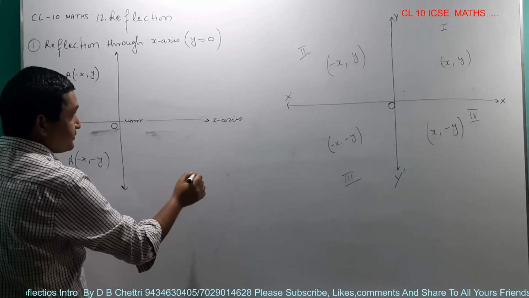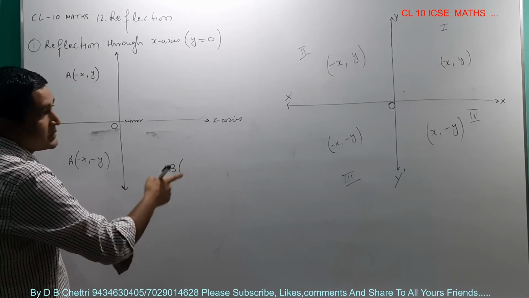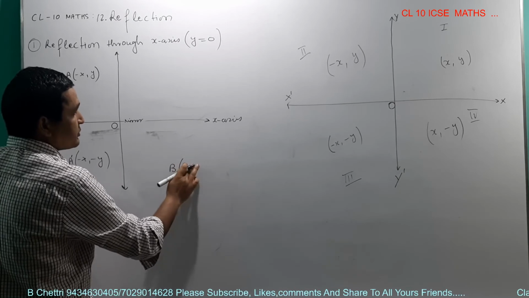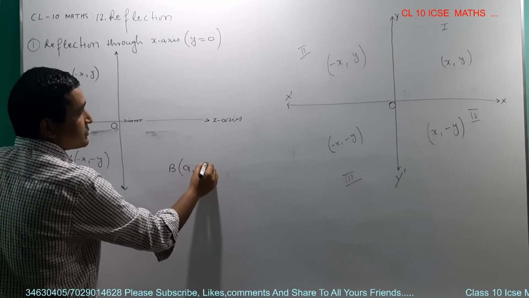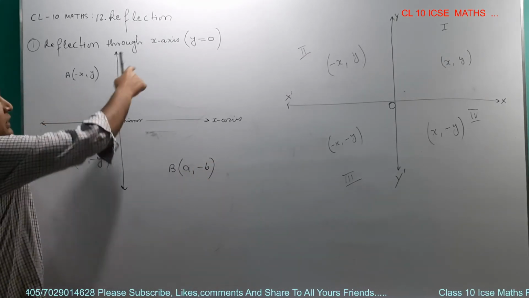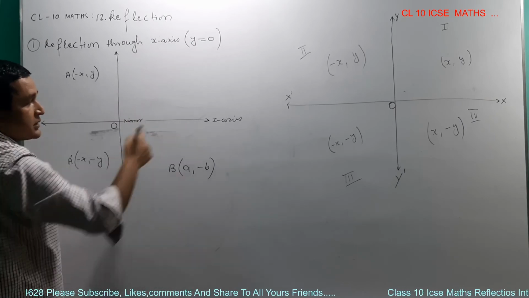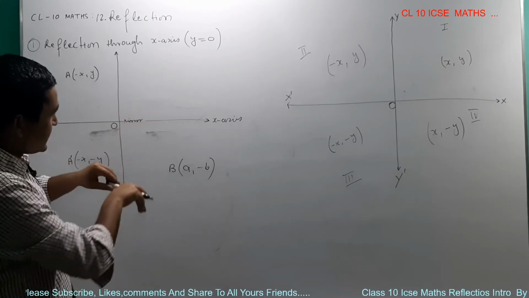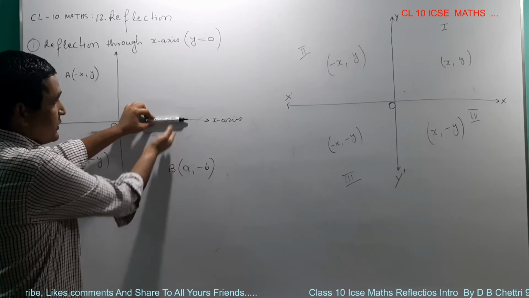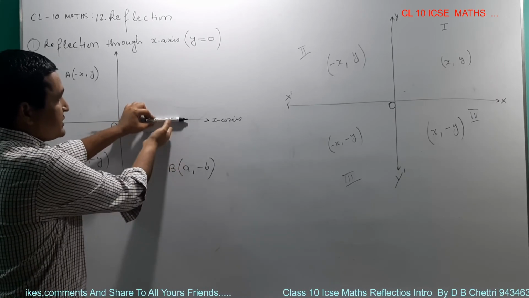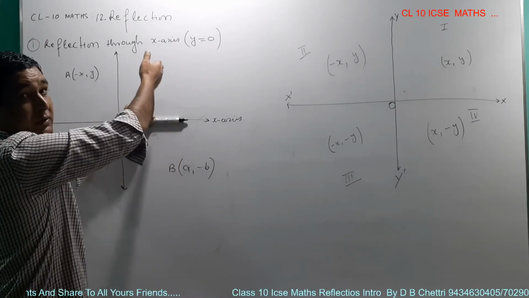One more example. Suppose your object is here. In this case, x is a and y is minus b. Then the question asks to find the coordinate of the image when reflected through the x-axis. Now the x-axis is your mirror. The object is placed here in front of the mirror, and at the same distance the image is formed behind the mirror.